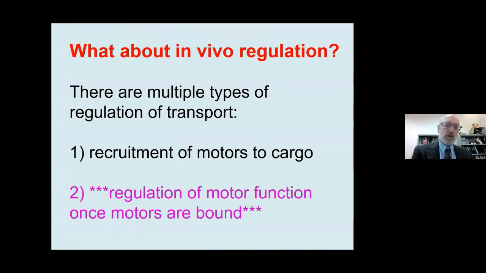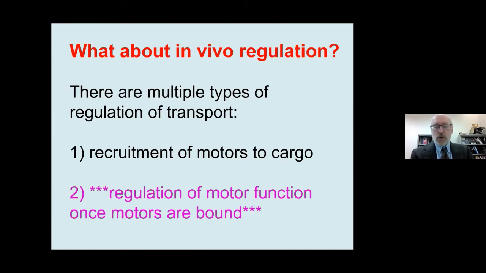And there are two general models for how you might control transport. One would be control of the number of motors on the cargo, so recruitment of motors to the cargo or release of motors from the cargo. And by tuning the number of motors, you could tune the transport. That, I think, when I started a long time ago, was the dominant model for how you would regulate transport.